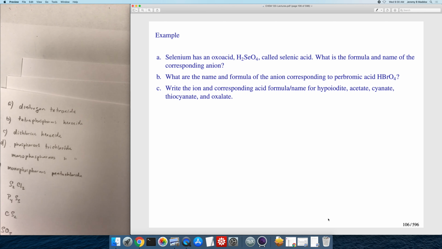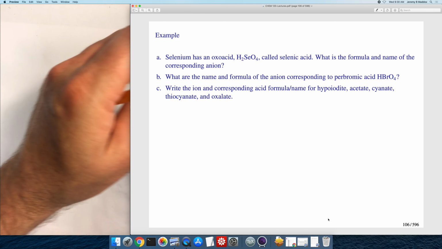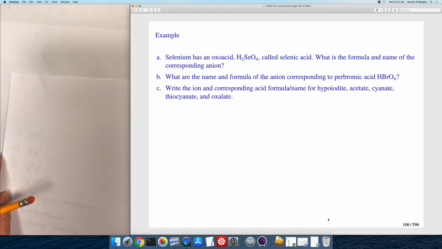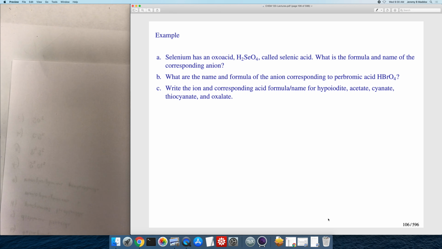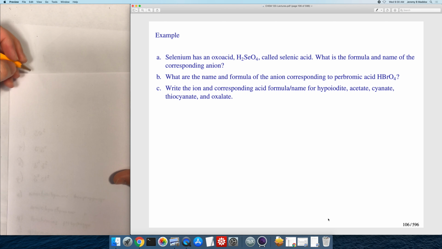In this case, we are talking about the oxoacid corresponding to SeO4. So H2SeO4 is called selenic acid. They're asking us to write down the formula and name of the corresponding parent oxoanion.